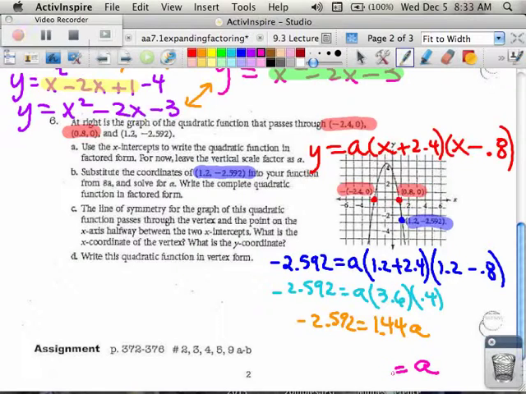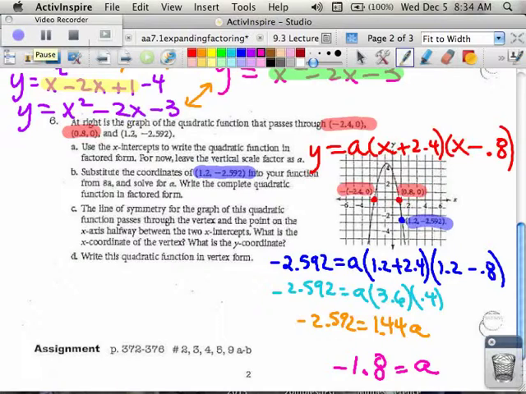So this is kind of annoying, but that's what happens. Negative 2.592 divided by 1.44 on my calculator tells me that I get negative 1.8. Which kind of makes sense when you think about it, because the negative sign says that I'm opening down.